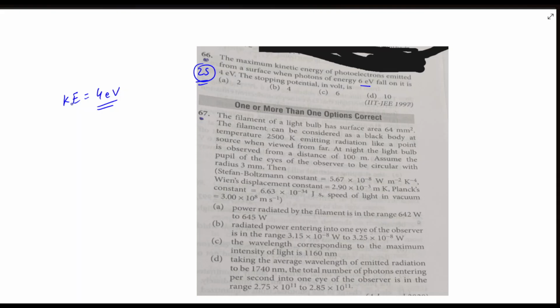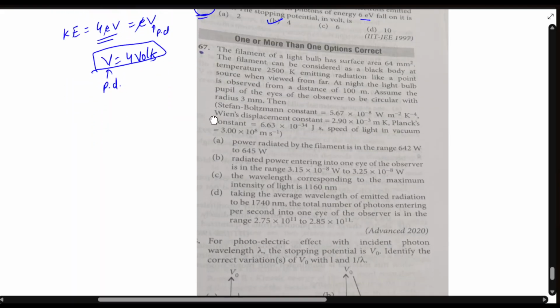So stopping potential we have to find. Kinetic energy is equal to eV, right? So this V is actually the potential difference. So the potential difference will be equal to 4 volts. You can also write it as delta V. So quite an easy question. Now let's move on to the 26th question.